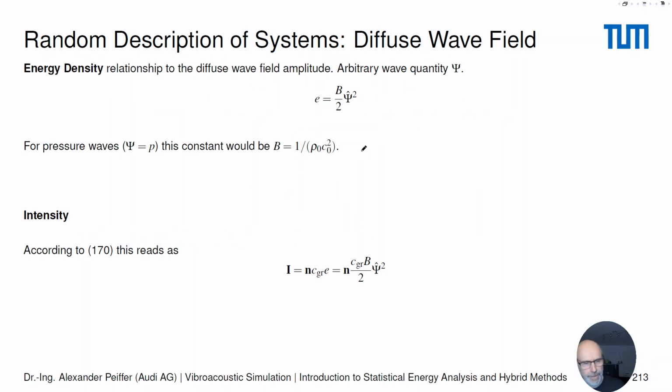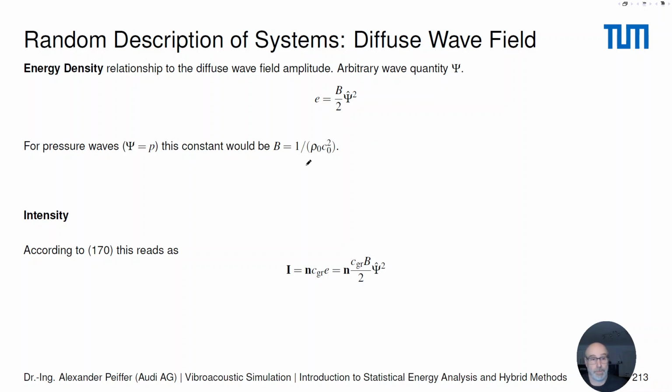Again, in this model, we consider an arbitrary wave field amplitude, and we have to relate this to the energy density. And for doing this in a common way, we define a constant B that relates our wave amplitude to the energy density. Just to give you an example, if we are talking about pressure waves, this constant B would be 1 divided by rho c square. So this is what we learned from the energy density.